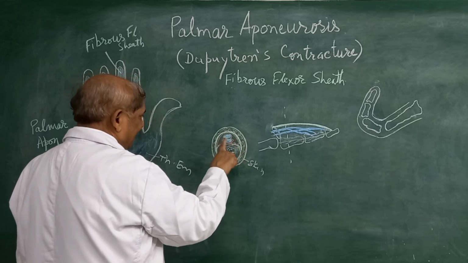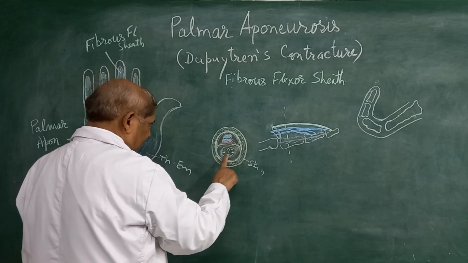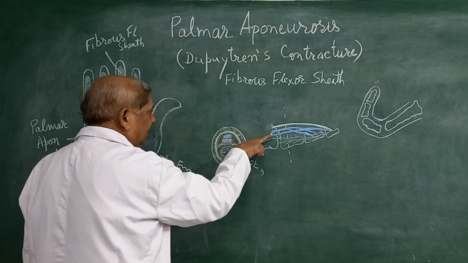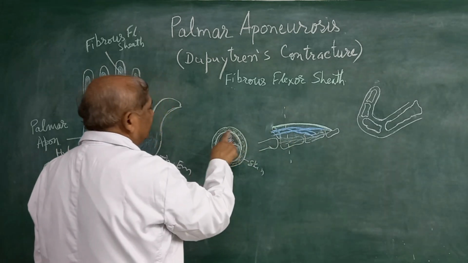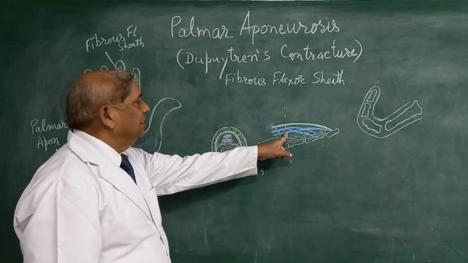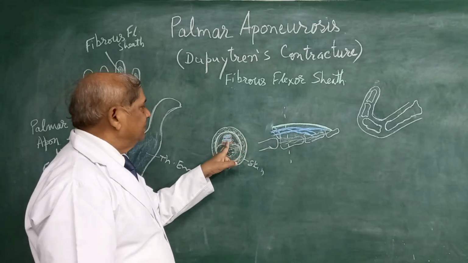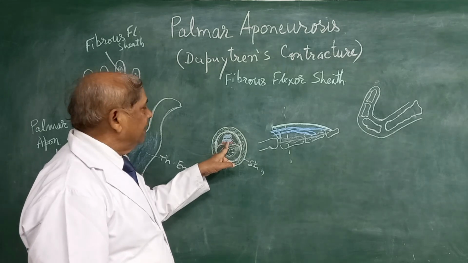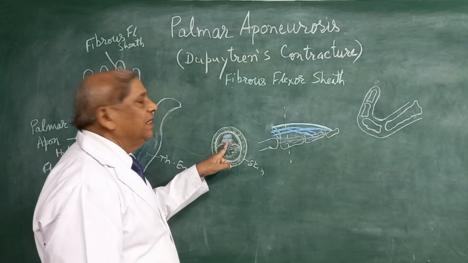Deep to the fibrous flexor sheath and to the bone, this space is the osteofibrous tunnel, and through it these 2 tendons, flexor digitorum superficialis and profundus, are going.